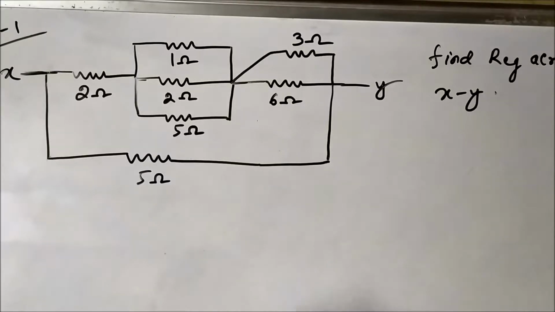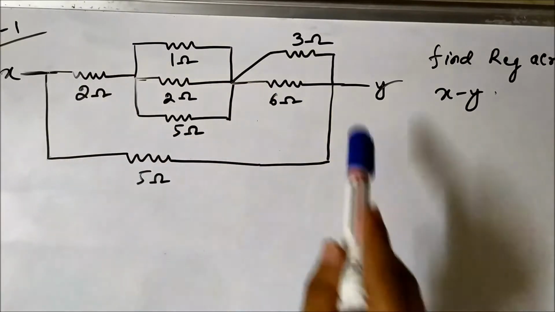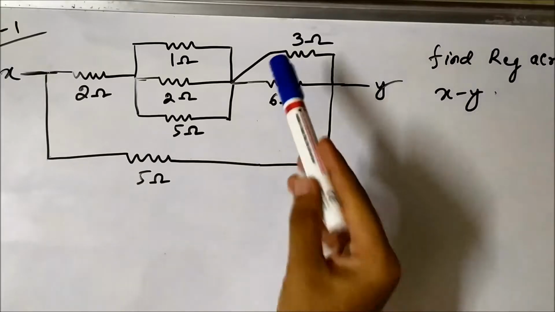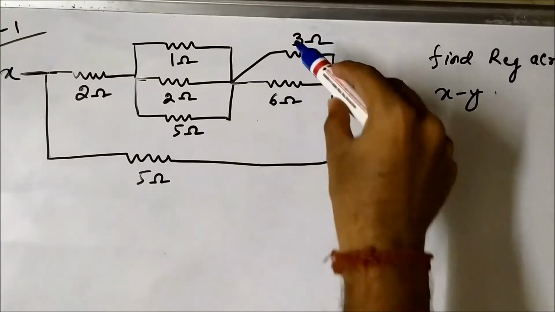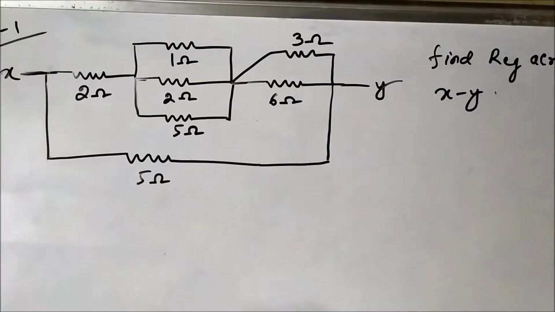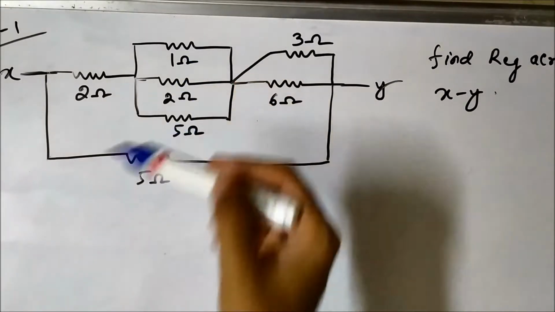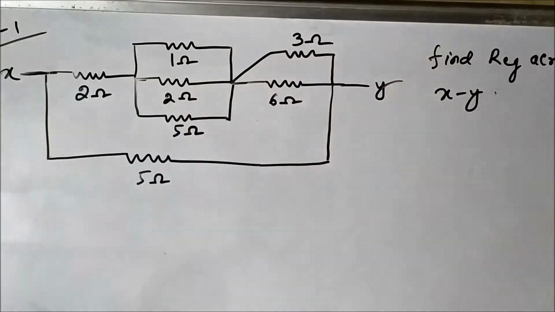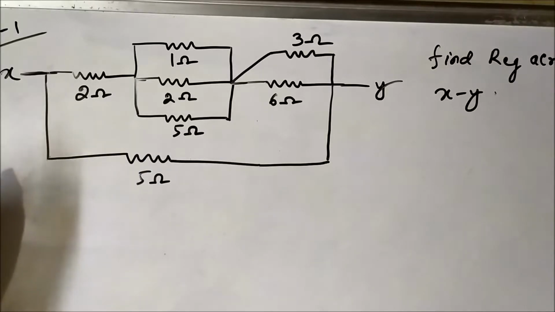Here in this question you can see that we can divide this entire circuit into 4 parts. The first part is this 3 ohm and 6 ohm. The second part is the 1 ohm, 2 ohm and 5 ohm. The third part is this 2 ohm single resistance, and last is the 5 ohm. So let us analyze each part separately.